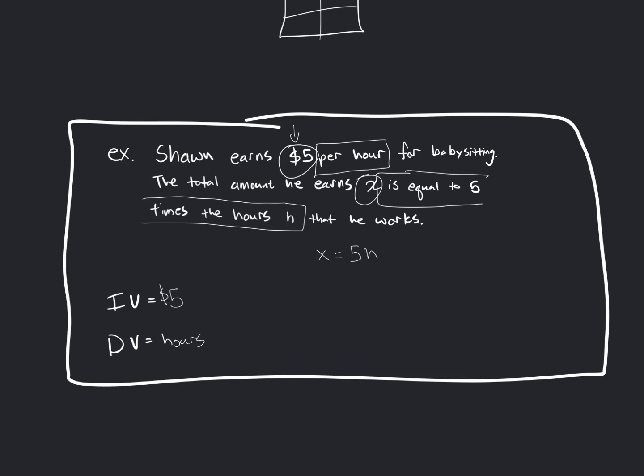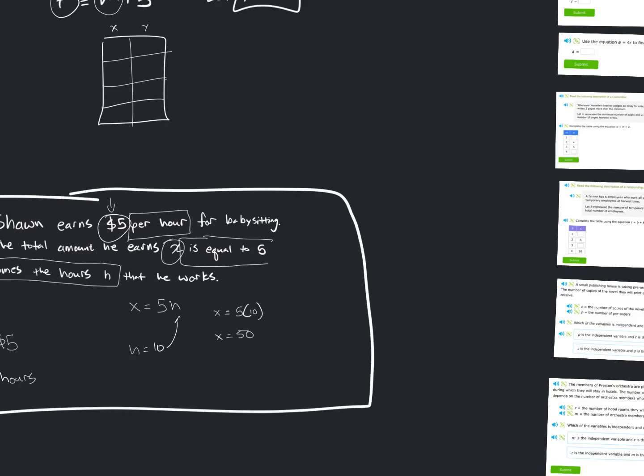So if he worked, let's say H is equal to 10. He worked a very long shift, right? We would end this with 5 times 10, and we would have X equal 50. So in 10 hours, Sean would make $50. So that's kind of what we're working with here.